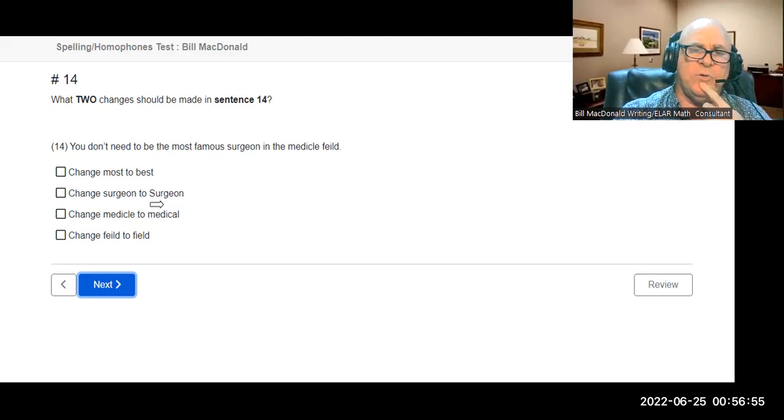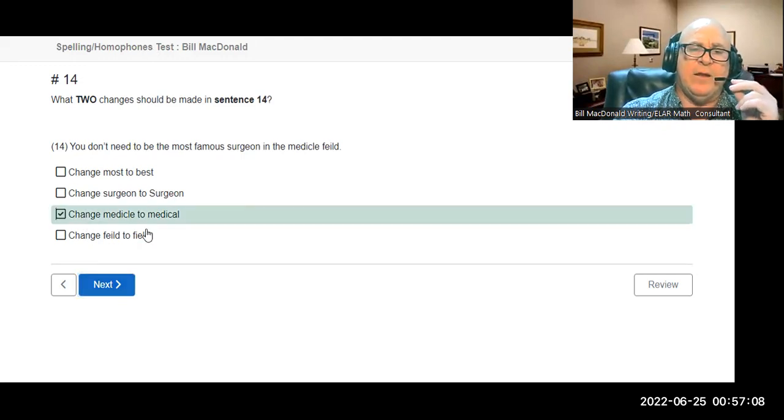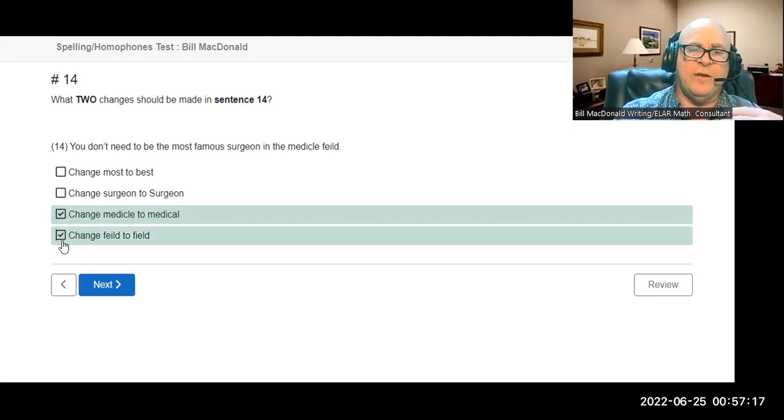If your brain is playing tricks on you, look it up in the book and you'll say, yes, that medical looks a lot better. And field, there's a rule about I before E except after C. Those are the 2 that I'm going to select.